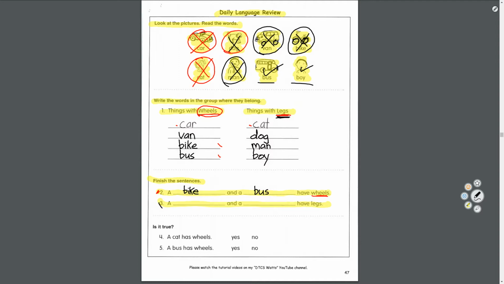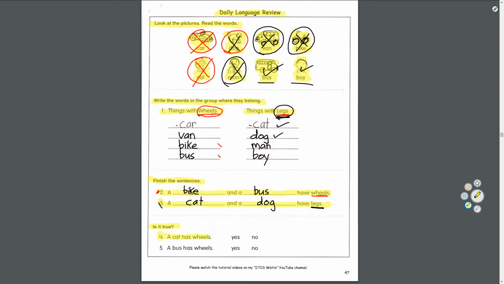Number 3. Now we're going to look for things with legs. We'll pick 2. Cat and dog. A cat and a dog have legs. That was easy. What's next? Is it true? Number 4.